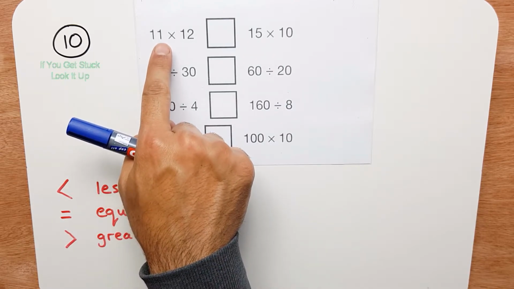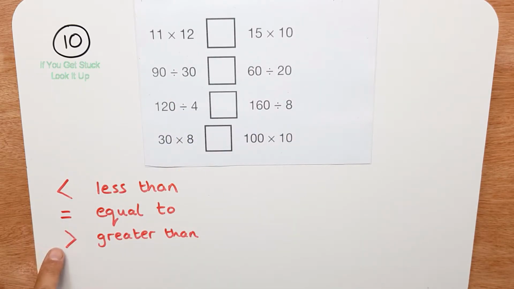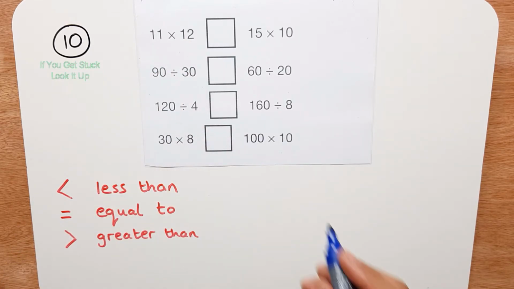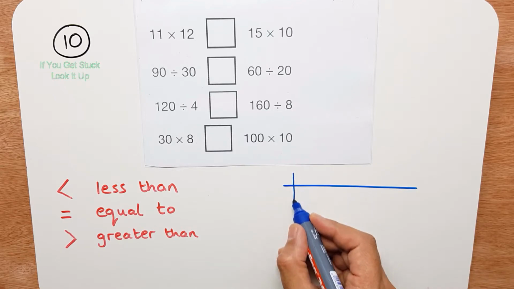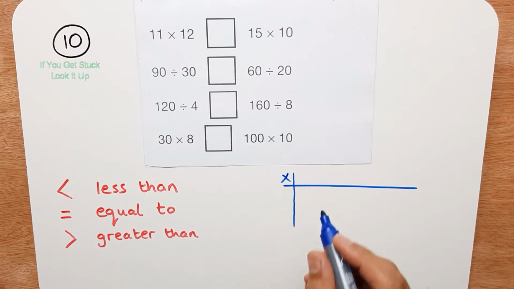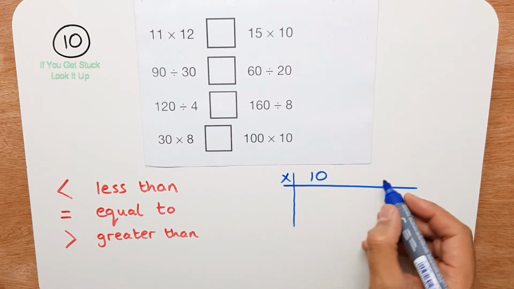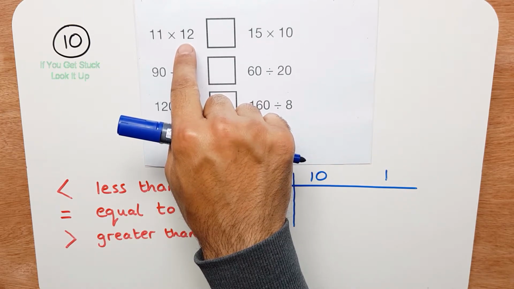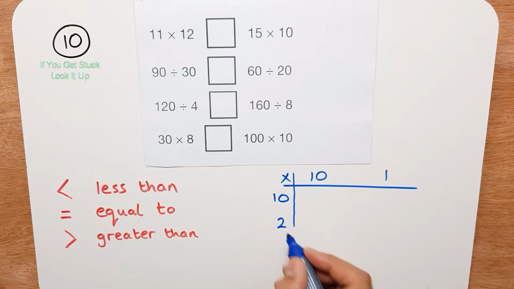Now we have to work out the left side and the right side and then write one of these symbols inside. So 11 times 12. We can use our grid method. We can partition 11 into 10 and 1, and we can partition 12 into 10 and 2.